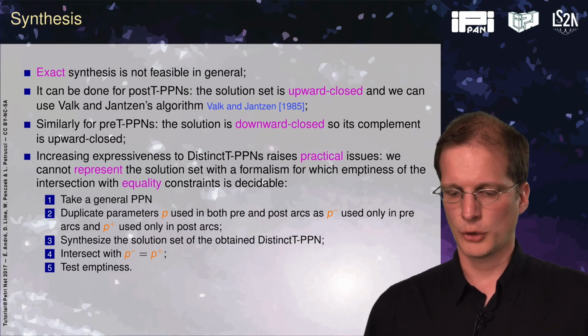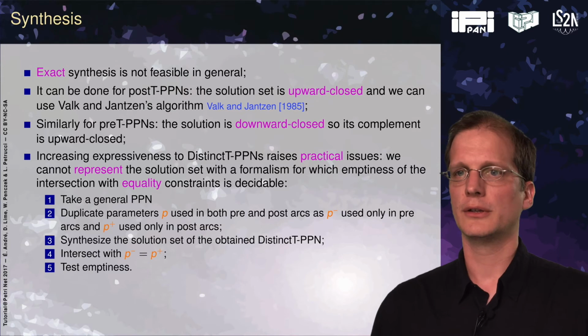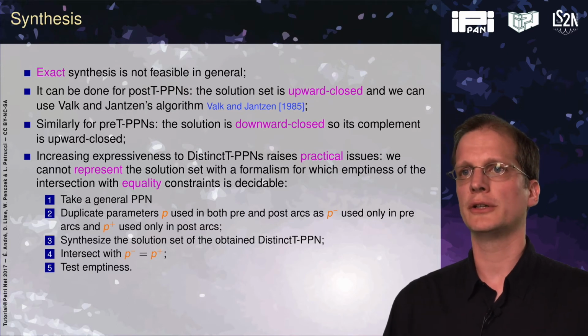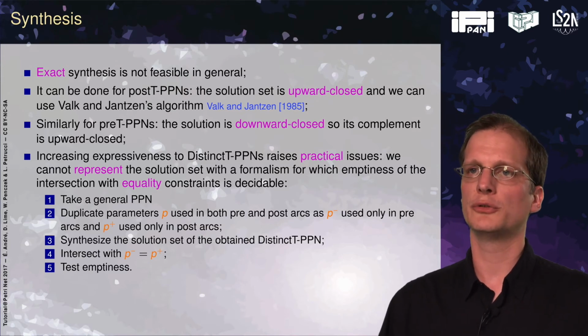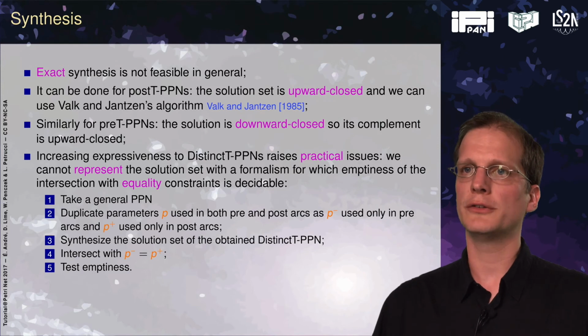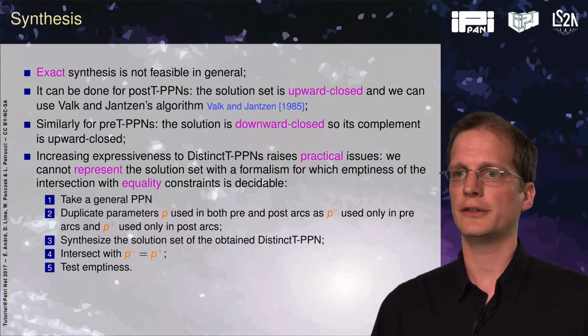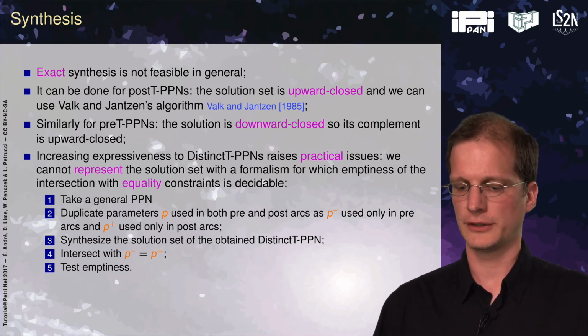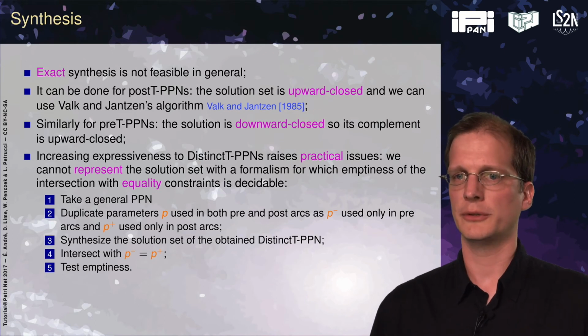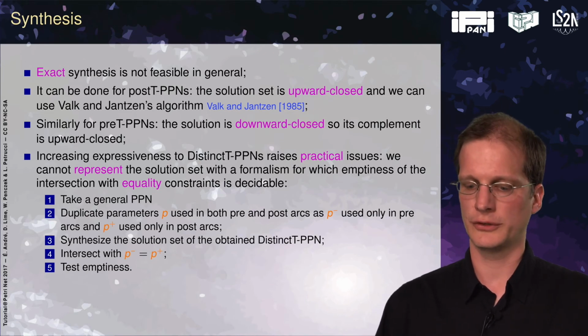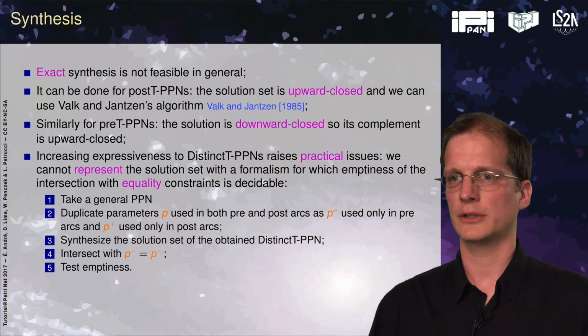So we can do it for post-T PPNs. So for pre-T PPNs, it will work in the same way, except that we will compute the complement, actually, of the solution set, because the solution set is downward closed, so its complement is upward closed, and we can use also this algorithm by Valk and Jantzen.